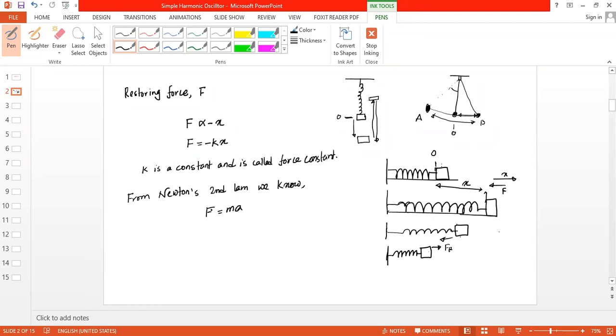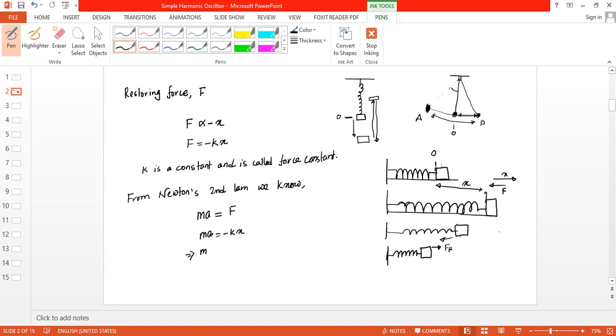To be scientifically correct, we can write ma equal to the sum of all the forces acting on the object. Acceleration is caused by this force, and which force acts on the object here? The force that acts on this object is the restoring force. So ma can be written as equal to minus kx.